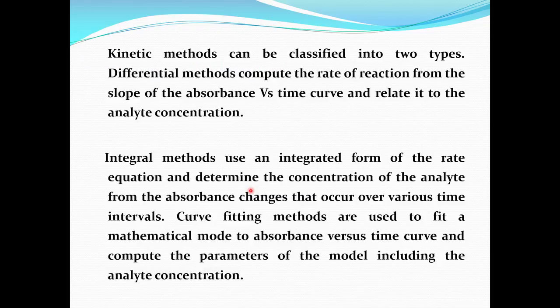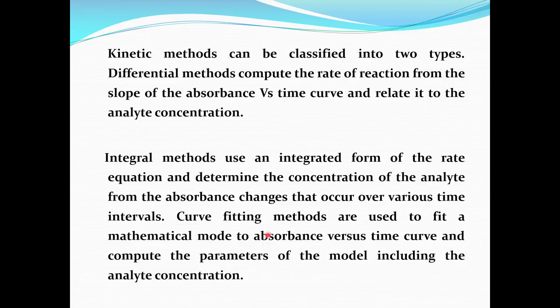So, kinetic methods can be basically classified into 2 types. One is the differential method that computes the rate of chemical reaction from the slope of the absorbance versus time, and I relate it to the analyte concentration, that is one thing. Integration methods are also there. In the integration method, what we use is the integrated form of the rate equation and determine the concentration of the analyte from the absorbance changes that occur over various time intervals.